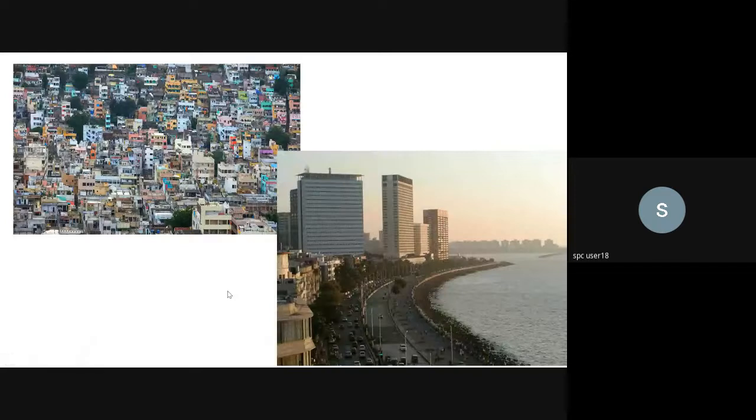Obviously everybody would recognize that the photo towards the right of your screen is that of Marine Drive, Mumbai, the southern end, I would say. If I'm not wrong, the building which is a bit across is the Air India building, and the taller building following that is the Oberoi Hotel.